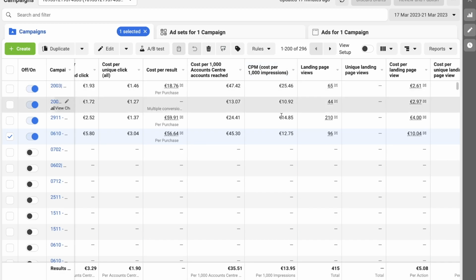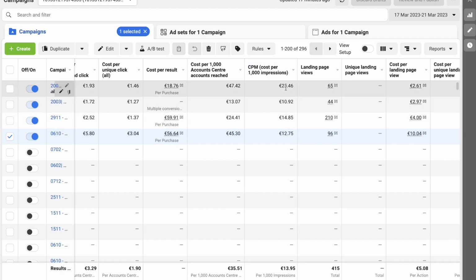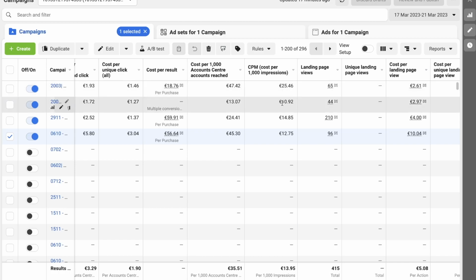For example, local targeting is always also more expensive because it's local. It's harder for the algorithm to win the bidding on these specific people. And also by targeting very precisely, your CPM costs can rise because your algorithm needs to bid higher to reach these individual people, which shouldn't be a problem because of the rates and everything else.